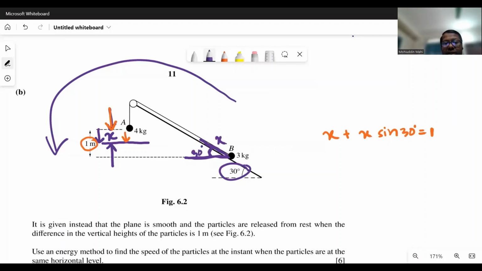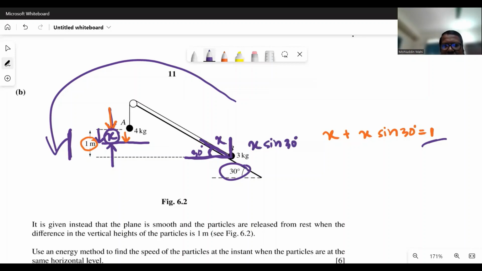But initially the vertical distance was 1 meter. So the sum of the distance covered by A in downward direction and covered by B in vertically upward direction has to be 1. If object A descends X amount of distance, object B will ascend in vertical direction by X sine 30.